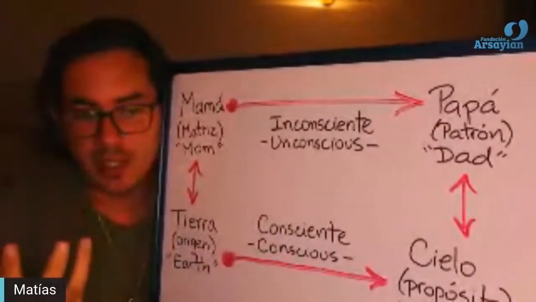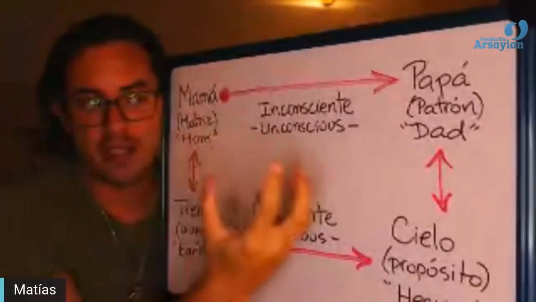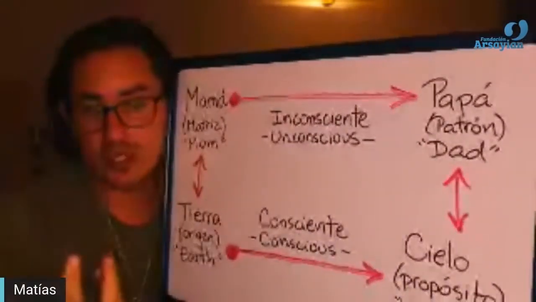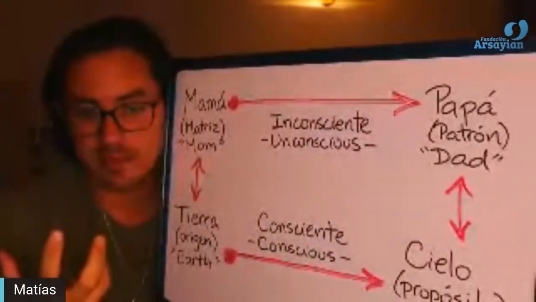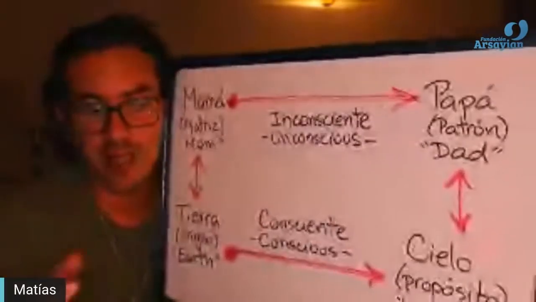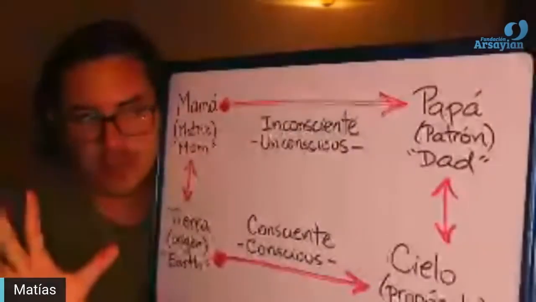It's not because the earth is the mother and the heaven is the father. It's just because of a perception that we have of things from a human point of view, not as reality. Okay, so I just want to clarify this for us to understand.